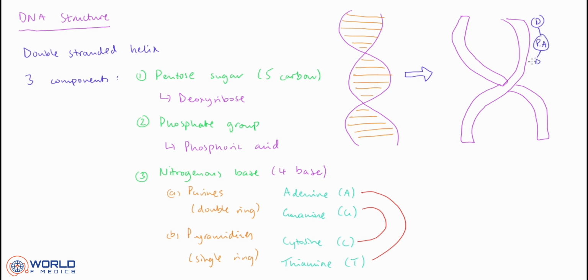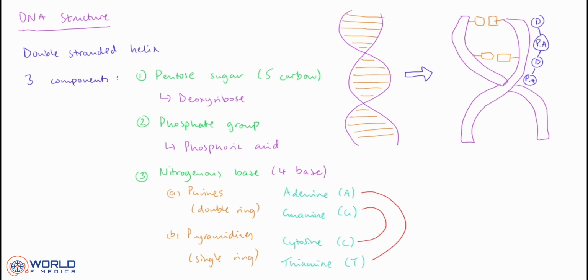And this structure repeats all the way down the strand. And in the middle, what you have is a nitrogenous base, and this always comes off your deoxyribose. Okay, so each nitrogenous base is found within the middle of both strands, and this comes off your deoxyribose molecule.